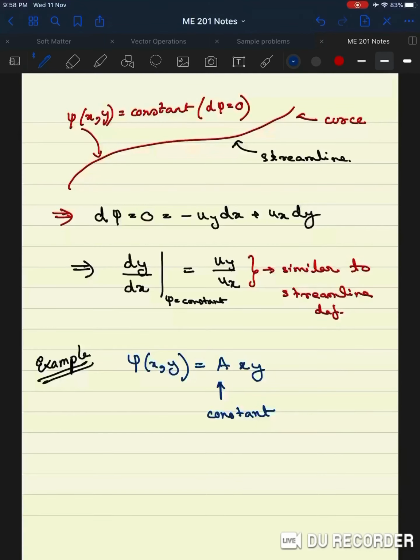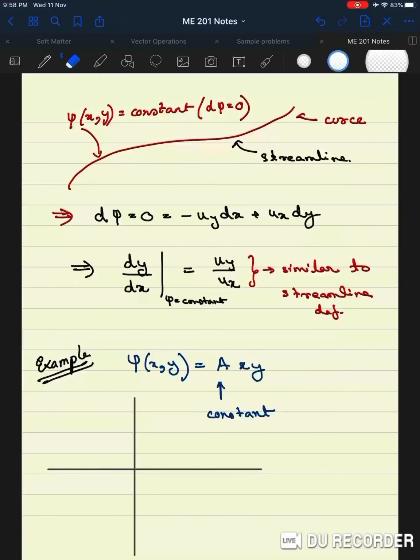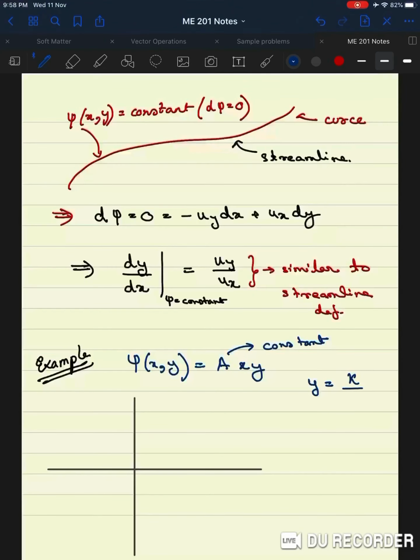If I had to draw, okay, and maybe this is not the right place to write this. Let's just, so this is a constant. If that is a constant, then what are lines of constant psi? That is given by y equal to some constant k by x.